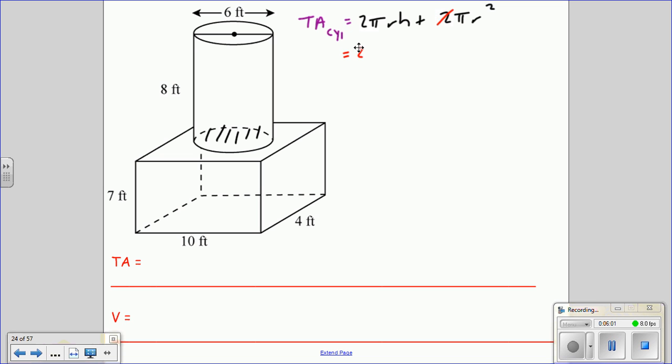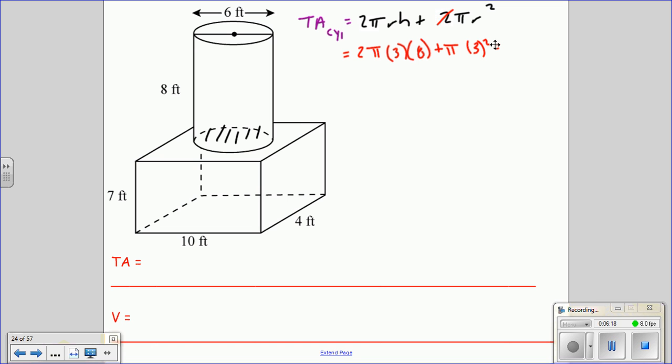So that would be 2 times pi times the radius of the cylinder, which is 3 because it's half of 6. The 3D height for the cylinder is 8, plus pi times 3 squared.